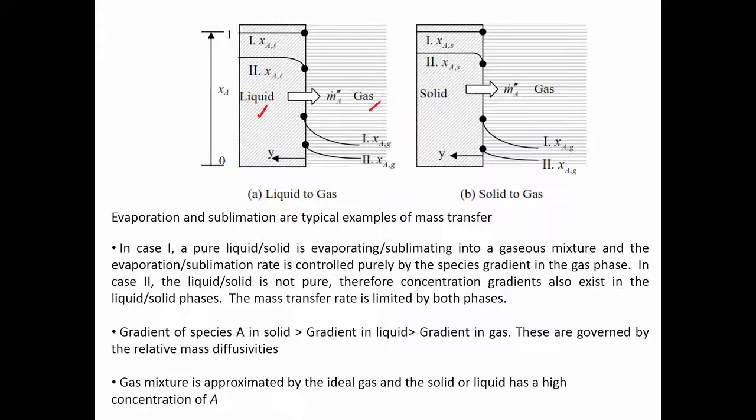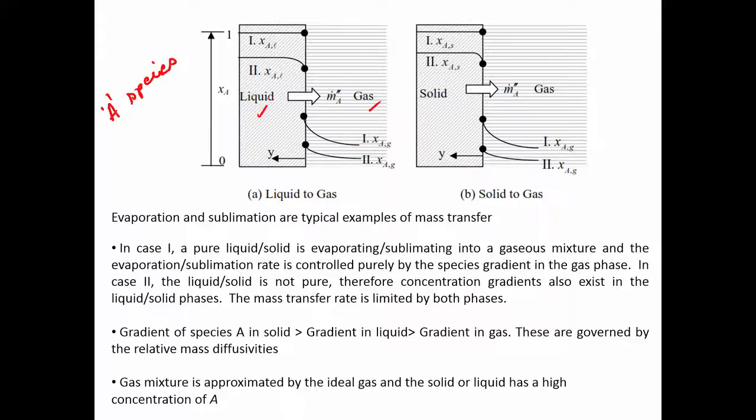So, the species here is X_A, A is the name of the species, A is the species that is present both in the liquid phase as well as in the gas phase, got it. So, if we look at this particular thing in detail, there is a liquid phase and then there is a gas phase that are present.